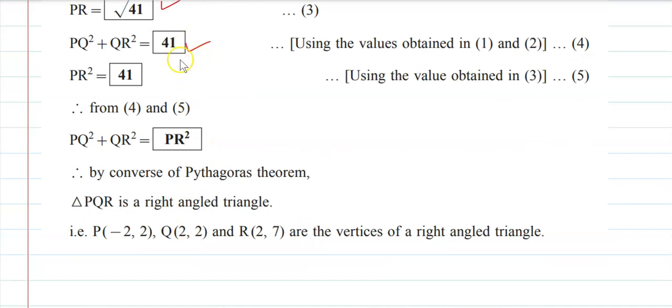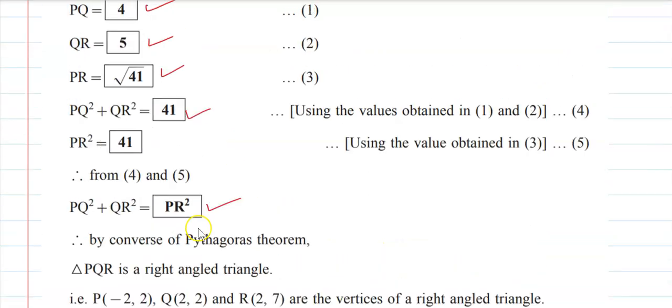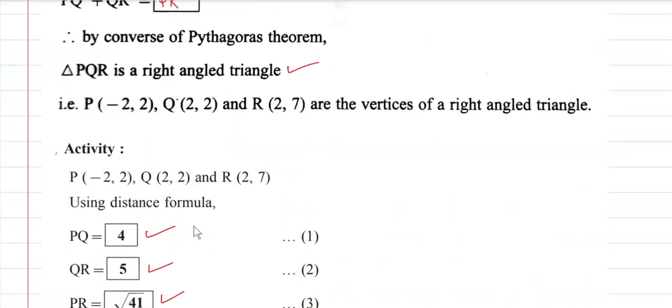There, sum of the squares is 41. PR square is 41. From 4 and 5, you will get here PR square. Therefore, by the converse of Pythagoras theorem, triangle PQR is a right angle triangle. That is P(-2,2), Q(2,2) and R(2,7) are the vertices of the right angle triangle. And in this way, we have completed the question number 3A.